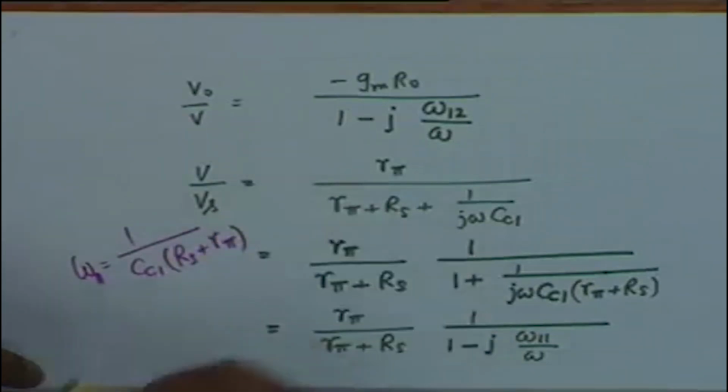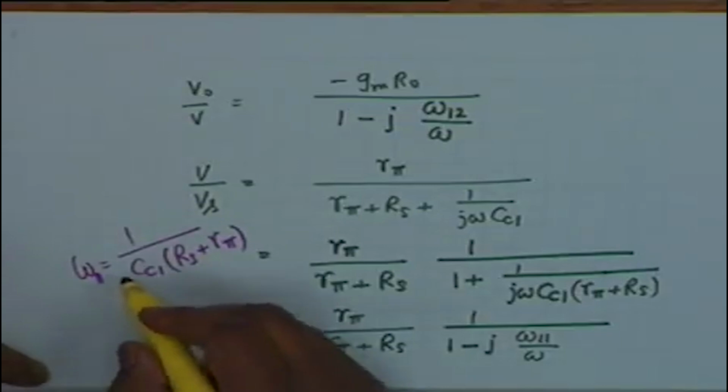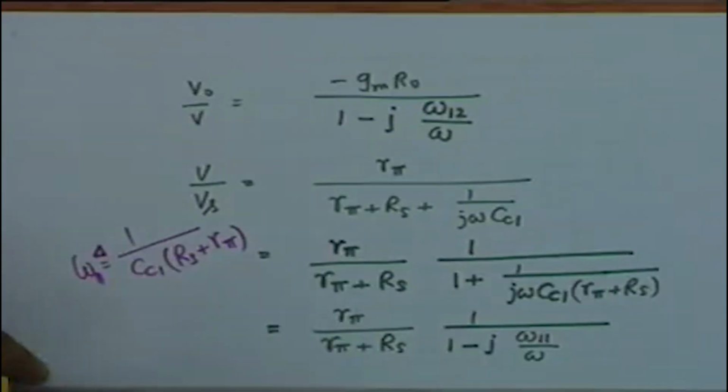This omega 11 is defined as the reciprocal of the time constant of the input circuit.